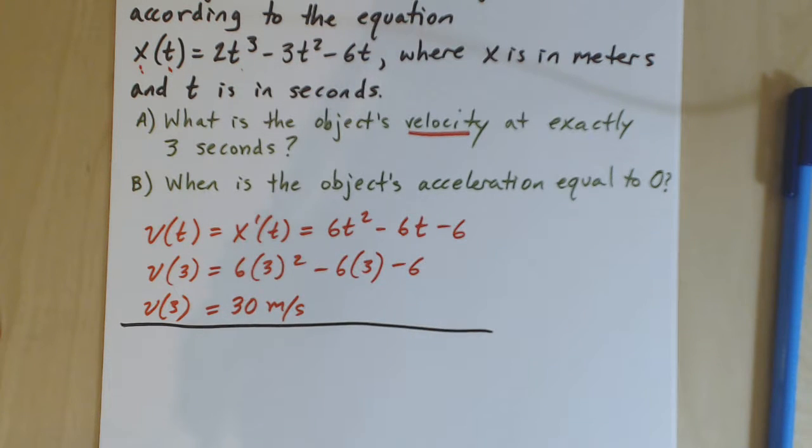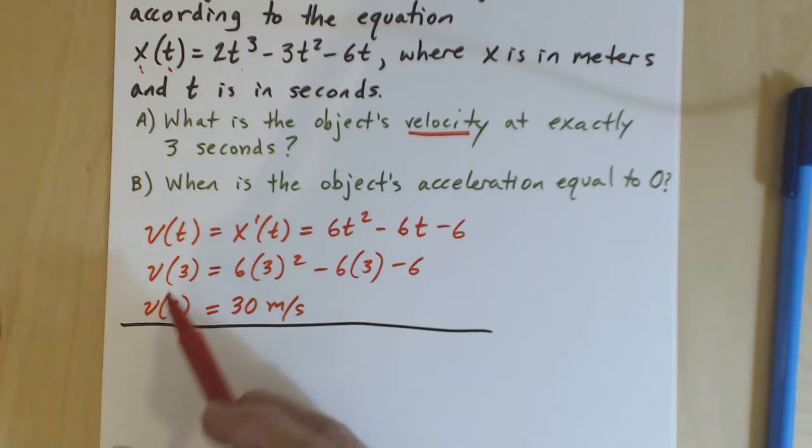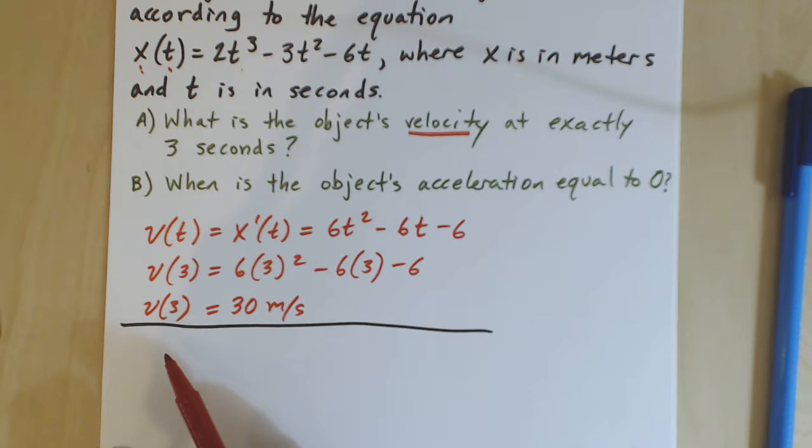For the second part of this question, when is the object's acceleration equal to 0, we need to remind ourselves that the derivative of velocity with respect to time gives us the acceleration. So we need to differentiate the velocity function.